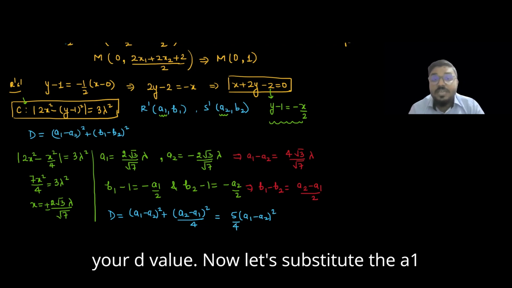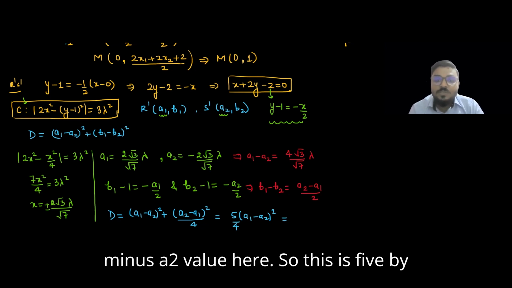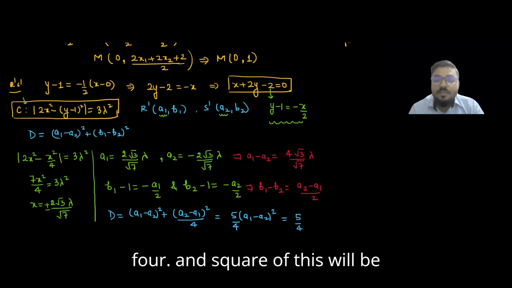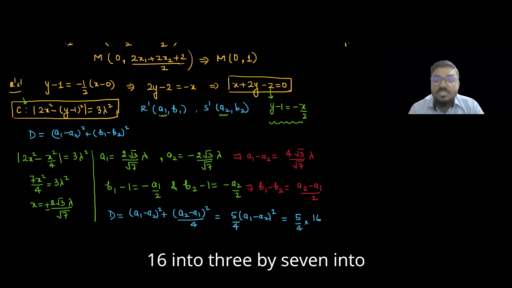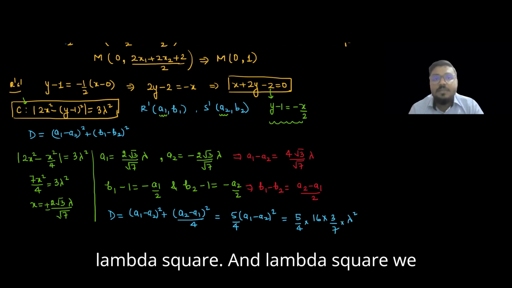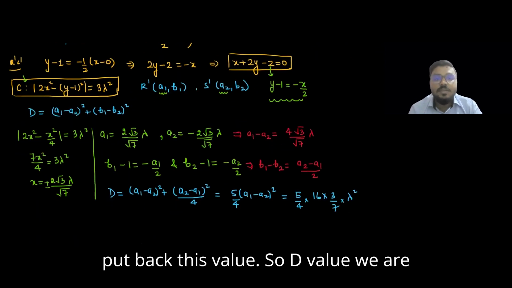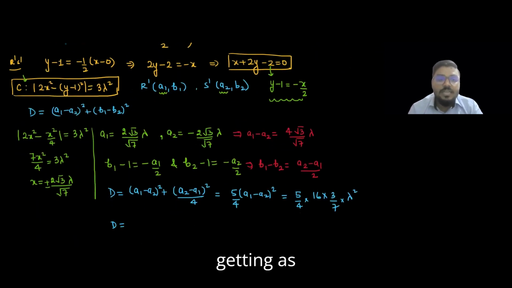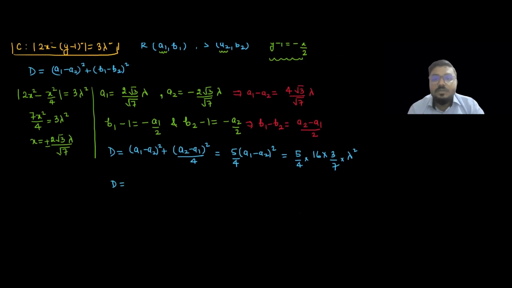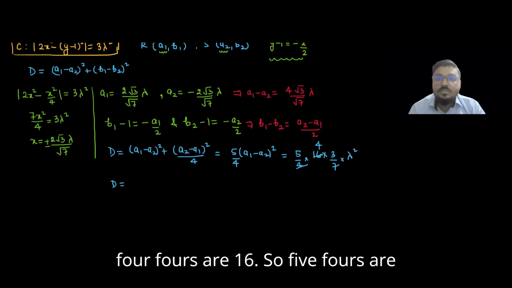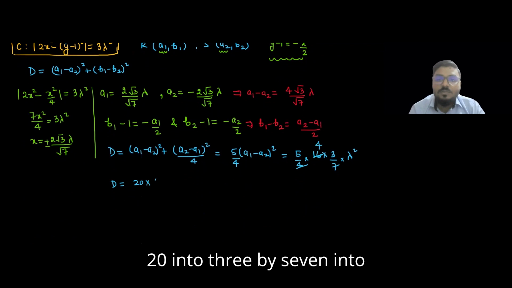Now let's substitute the a1 minus a2 value here. So this is 5 by 4, and square of this will be 16 into 3 by 7 into lambda square. And lambda square we already calculated. That was 9. Let us put back this value. So d value we are getting as 5 4s are 20 into 3 by 7 into 9.